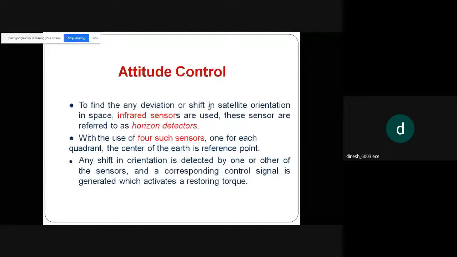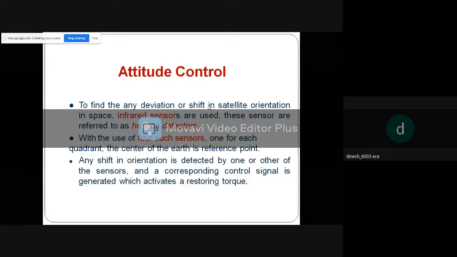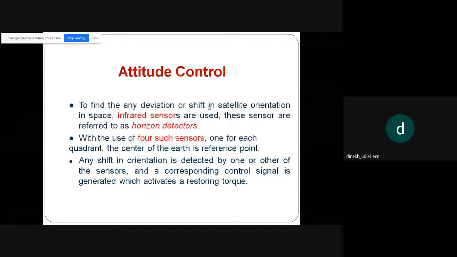So 4 sensors will be placed in all the 4 different horizons along the satellite, and if there is any deviation in the attitude with respect to the Earth's center as the reference point, the deviation will be notified.